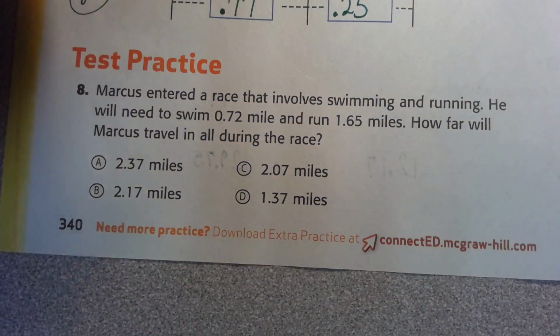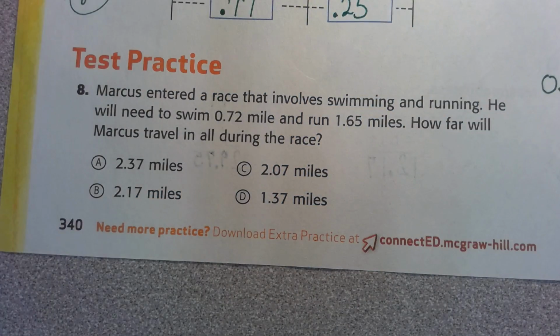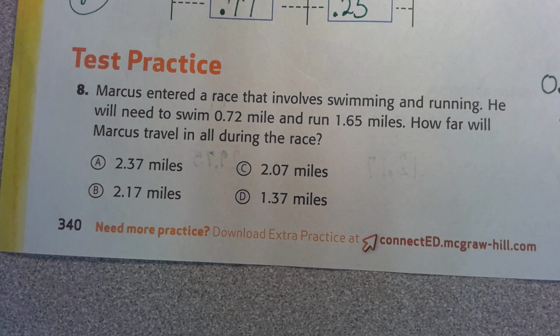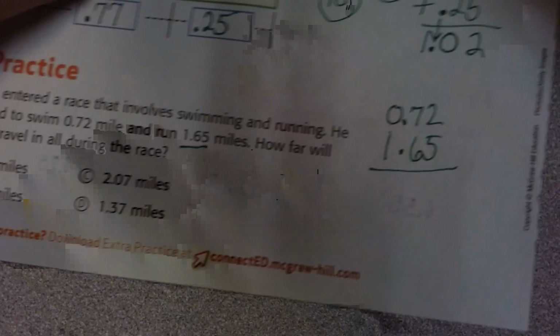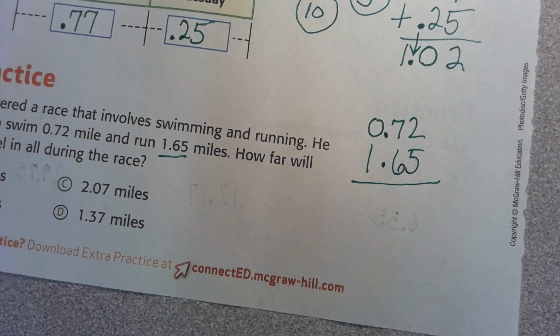So I'm gonna go ahead and write my first number down, which is 0.72. I'm going to write a decimal point right underneath of it. I'm going to write this number right here. I'm going to put a 1 there, right? And a 65. Remember, adding, it doesn't matter what number you put first, sorry, you can't see it, what number you put last.